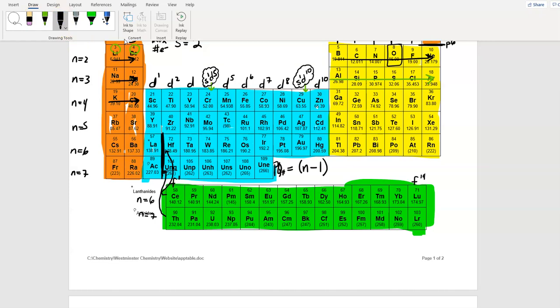You take the N minus 1, aka the period minus 1. The period minus 1 is his quantum number. Everybody in the D block does this. You have to take the period minus 1.